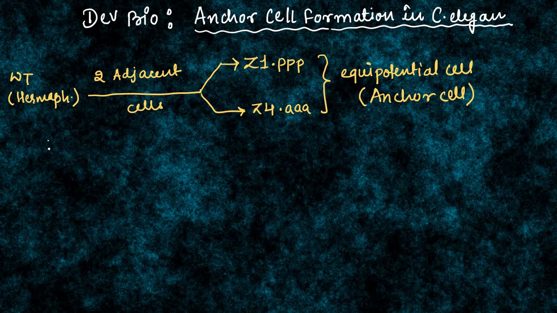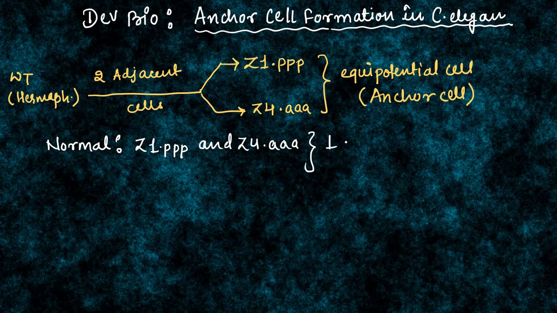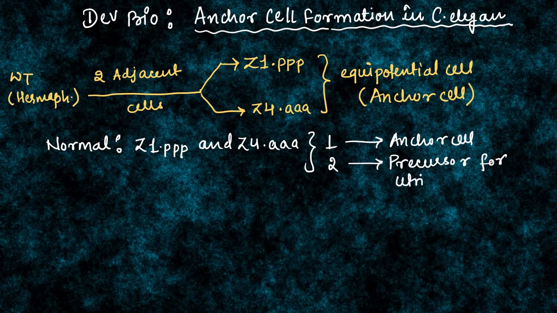So in a normal condition, there is a consideration that these two cells, that is Z1.ppp and Z4.aaa, should interact in such a manner that one should become the anchor cell, and the second cell should become the precursor for uterine tissue.